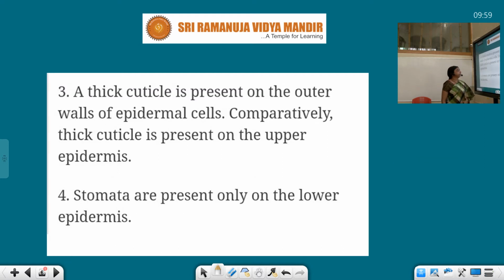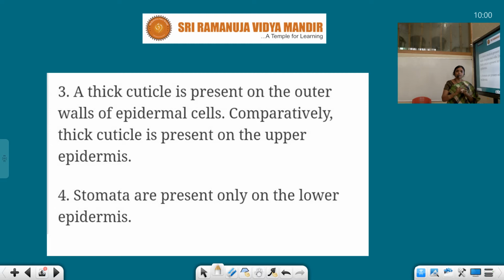Next, a thick cuticle is present on the outer walls of epidermal cells. The epidermal layer is covered on both sides with a thick cuticle, and a comparatively thicker cuticle is present on the upper epidermis. The upper epidermis is known as the adaxial side, whereas the lower epidermis is known as the abaxial side.